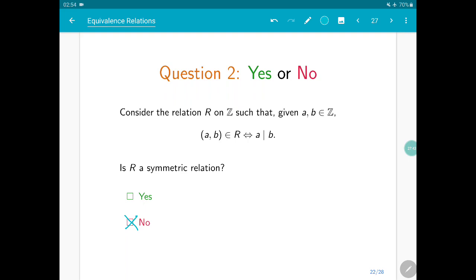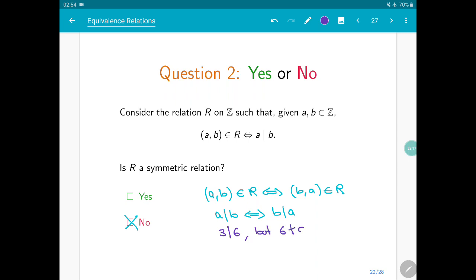Why? Because remember that for being a symmetric relation, you want that AB belongs to R if and only if BA belongs to R. Or in other words, we are saying that A divides B if and only if B divides A. But this is definitely not true, and it's very easy to construct an example because, for instance, 3 divides 6, but 6 does not divide 3.